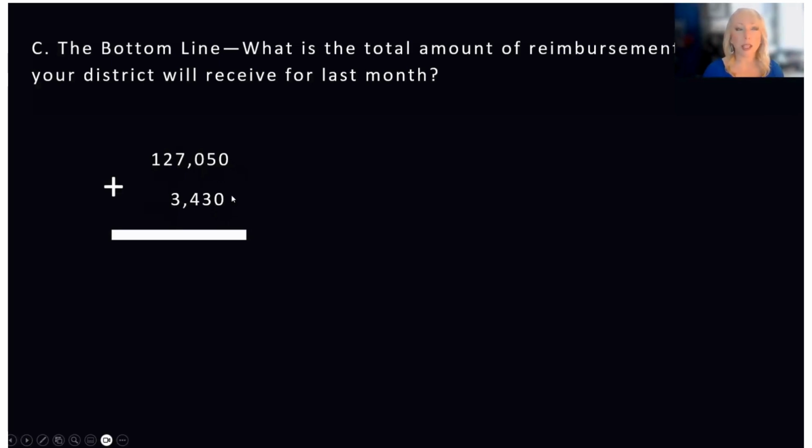Now, one thing I don't think I pointed out in the very beginning, in that one problem, the passage said, I think it was $19.50 in reimbursement, so it came in food. The reason why I omitted that information is because it wasn't in dollars. And if you'll notice in your question, it always says in dollars.